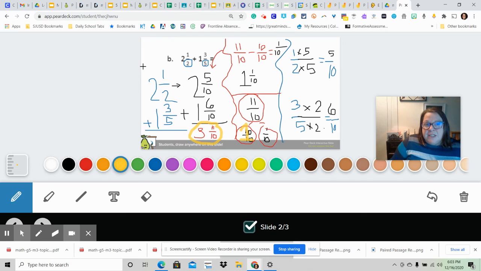So I'm going to take this 3, and I am going to take the renamed 11 tenths, and I'm going to add it together. 11 tenths is, I'm sorry, is 1 and 1/10. So then you can just add that together. What is 3 plus 1 and 1/10? And hopefully you guys are yelling at me right now, 4 and 1/10.